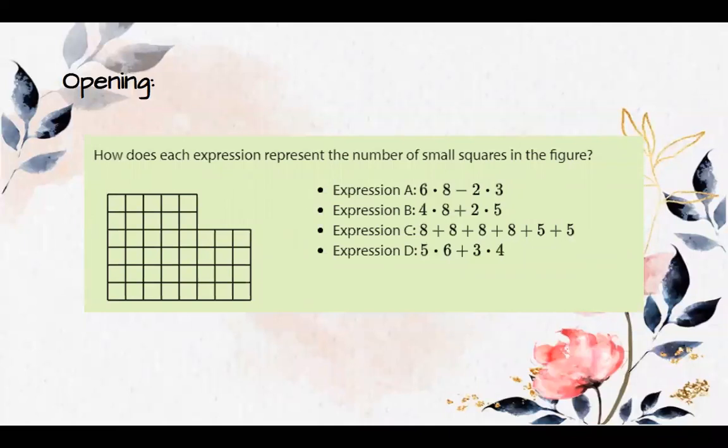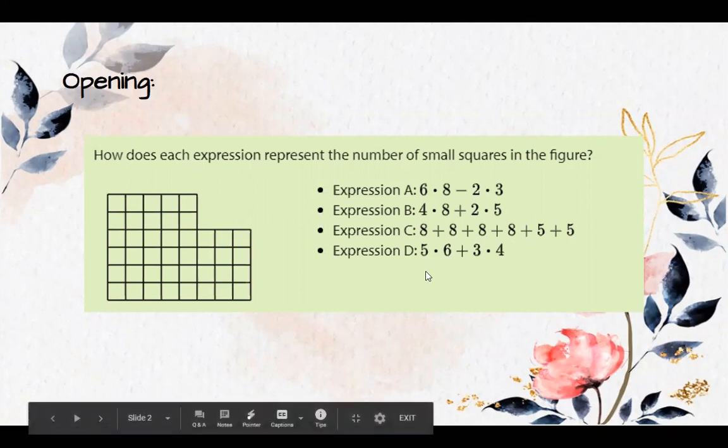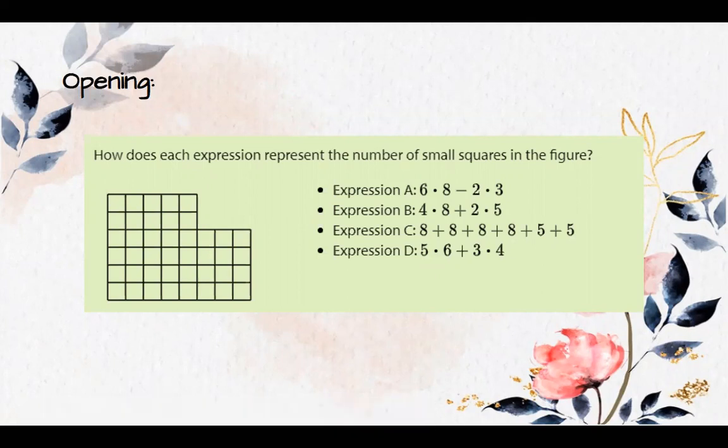So you're going to look inside the square. Where do you see 6 times 8 in the square? Length and width. And that's a good assumption because that's area, right? Length and width is area. So this is the width, this is the length.